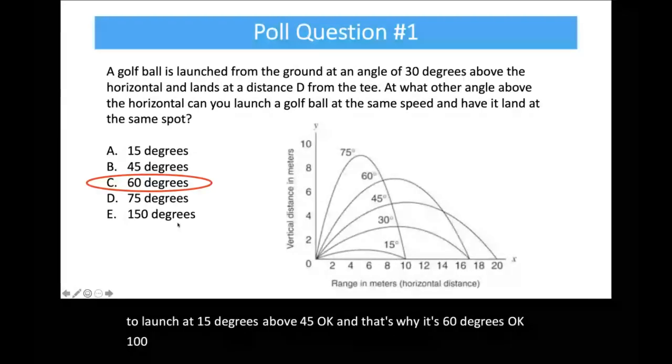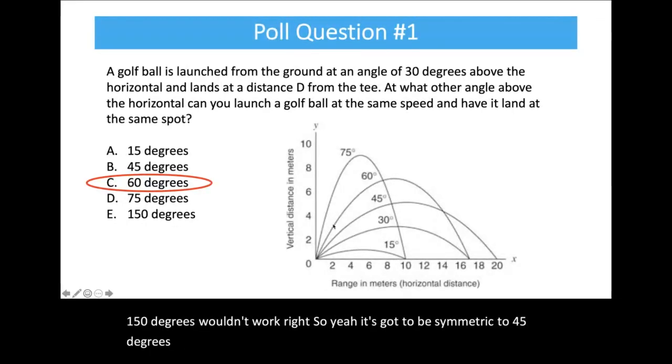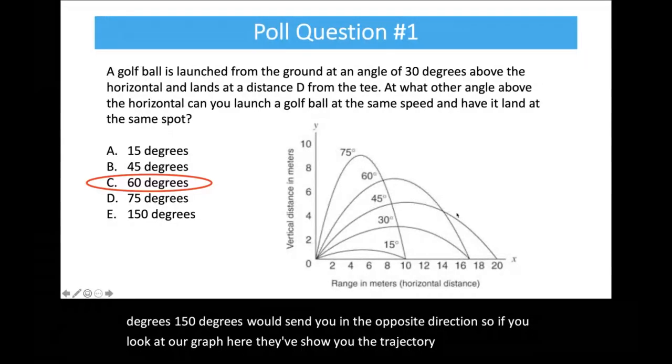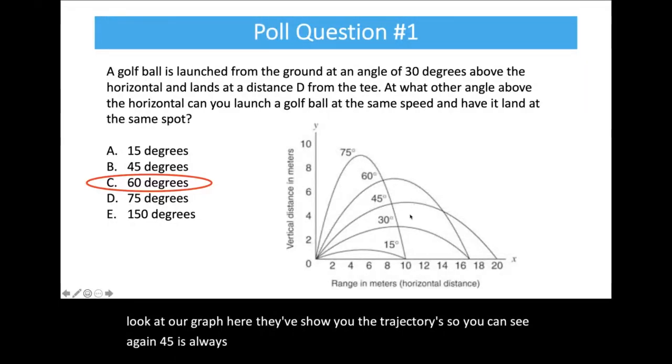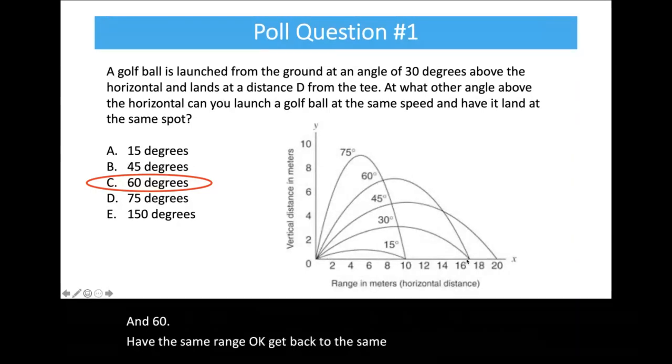150 degrees wouldn't work, right? It's got to be symmetric to 45 degrees. 150 degrees would send you in the opposite direction. If you look at our graph here, they show you the trajectories. You can see, again, 45 is always the longest, and then 30 and 60 have the same range, getting back to the same point on the x-axis.